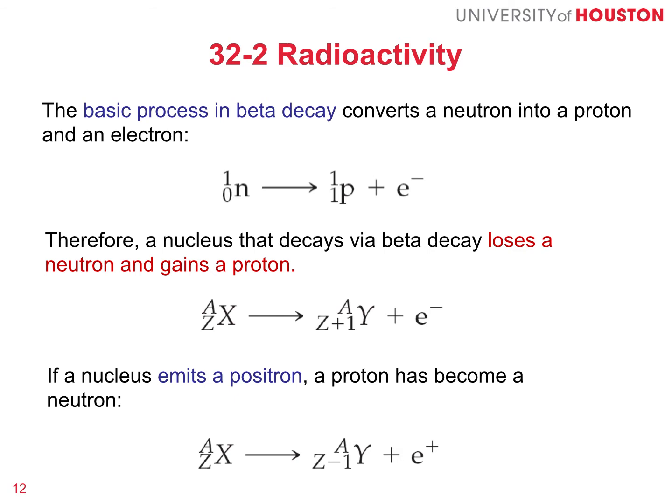When the nucleus emits a positron, we have a proton that turns into a neutron. Because of that, the atomic number is reduced by 1, and we emit a positron in the process, since the proton is now a neutral neutron, so there has to be a positive particle emitted, which is the positron.